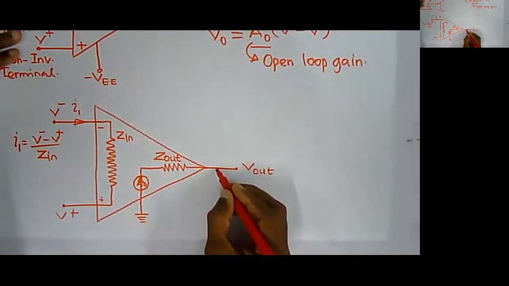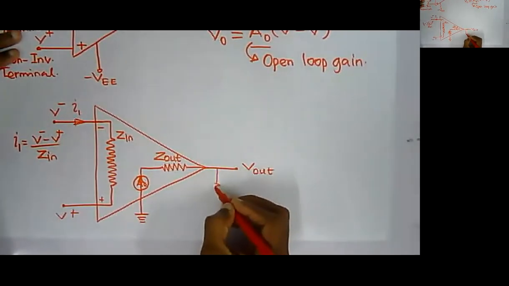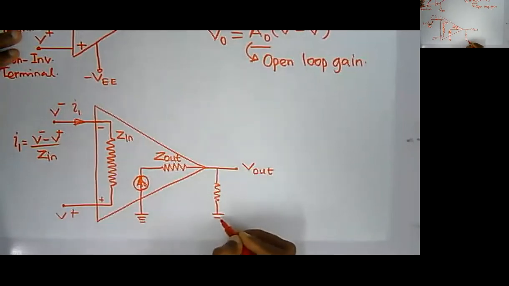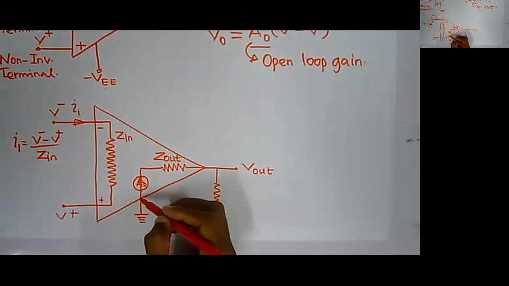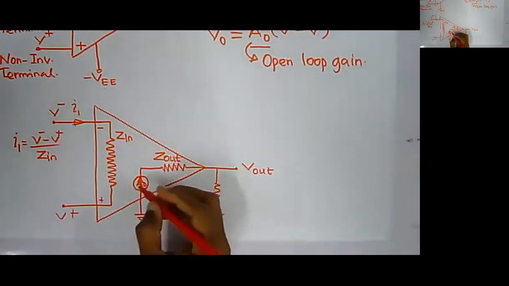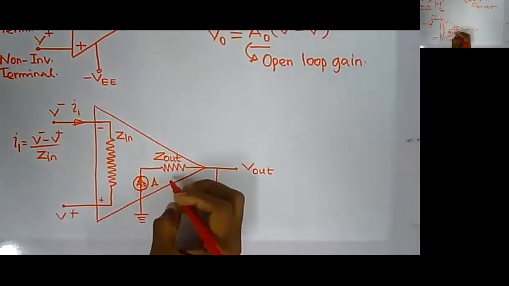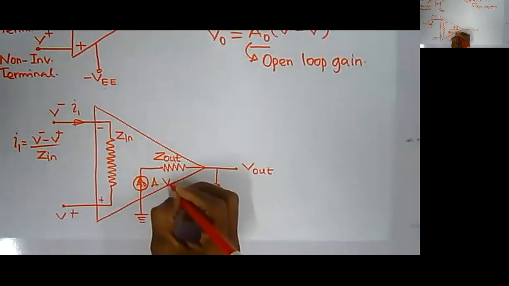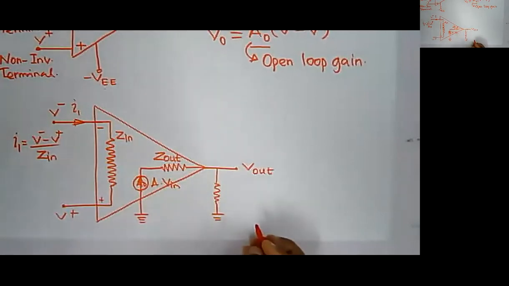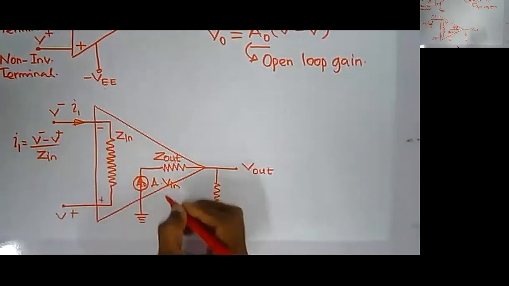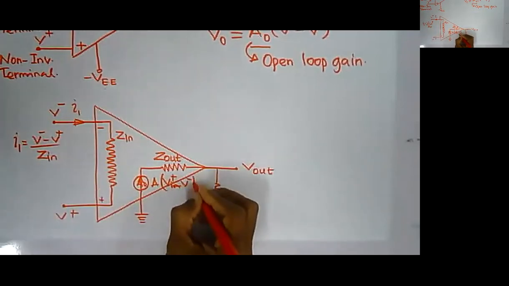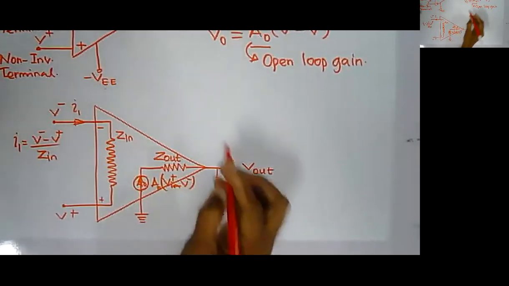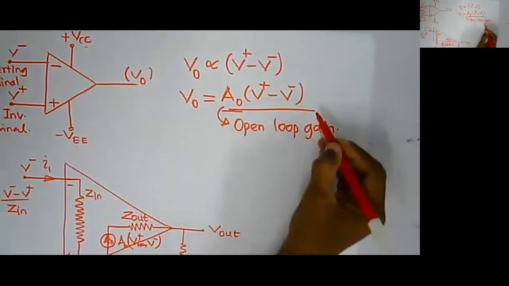Similarly, when you connect a resistance here, you have the voltage gain, A0 into V plus minus V minus.